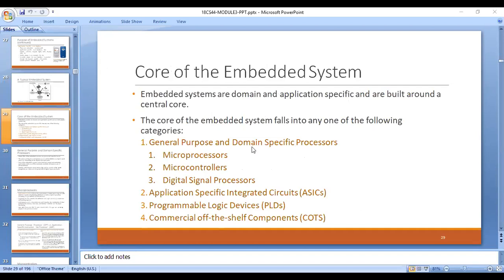And what do we have in the embedded system? We have different categories: microprocessors, controllers, digital signal processing, application specific integrated circuits, programmable logic devices, and commercial off-the-shelf components, right?